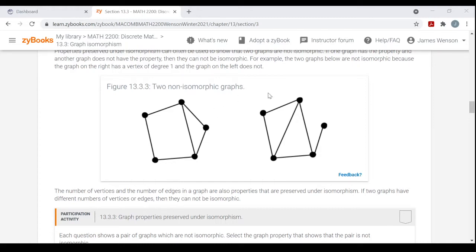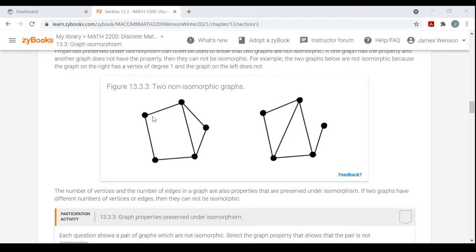Same number of vertices, same number of edges, but look at this graph on the right. Look at this vertex here that my cursor's flying over. This vertex has a degree of 1. There's only one neighbor, one edge coming off of it. If these were truly isomorphic, then this graph should also have a vertex of degree 1, because degree is preserved under isomorphism.